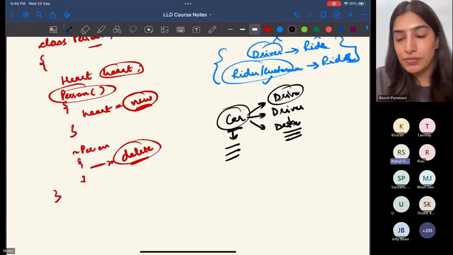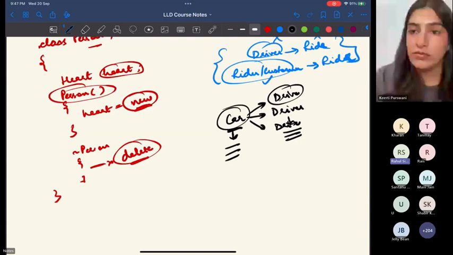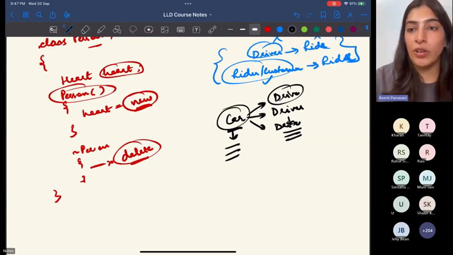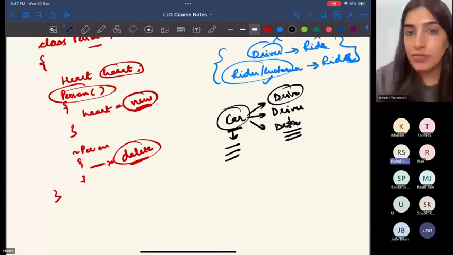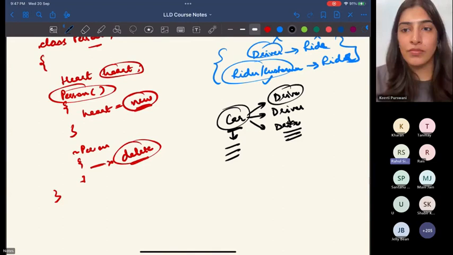Kirti, can we say that if a driver can exist in multiple classes, its life cycle is not dependent on one class, so it's not a composition relation?